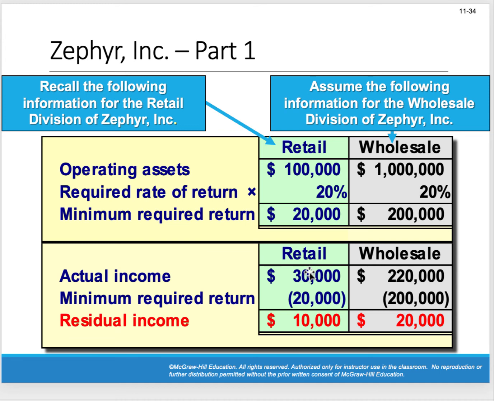Okay, well, let's look at it. Based on operating assets, the wholesale side has 10 times the number of operating assets that the retail side does. Okay? They both have the required minimum rate of return, which is 20%. So if we look at the retail side, 20% is their minimum required return.